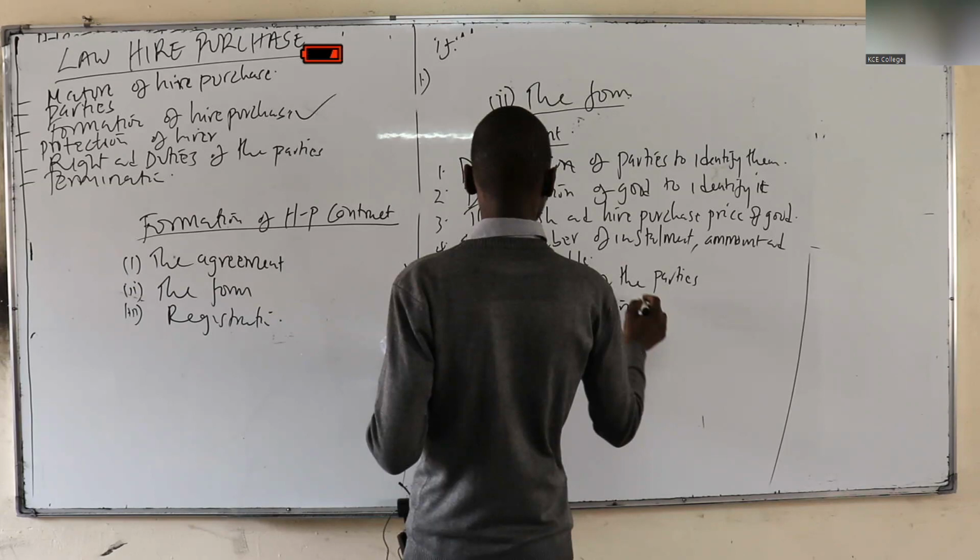Number 5, merchantable quality. Then warranties: number 1 is quiet enjoyment, and another one is free from charges. So remember them.